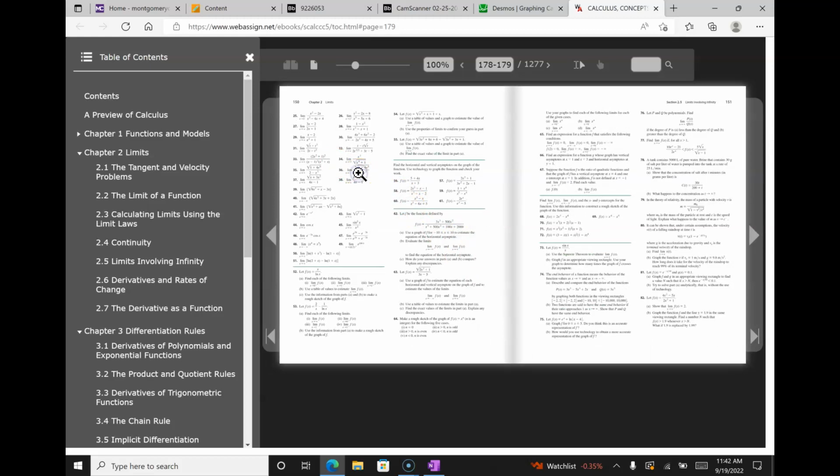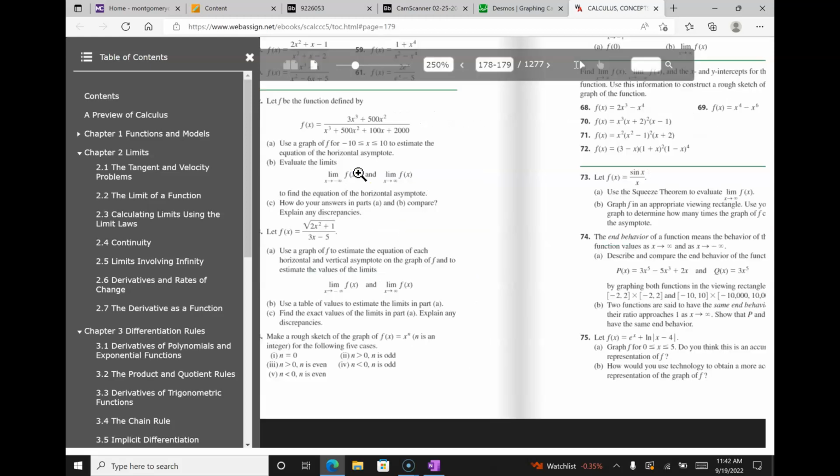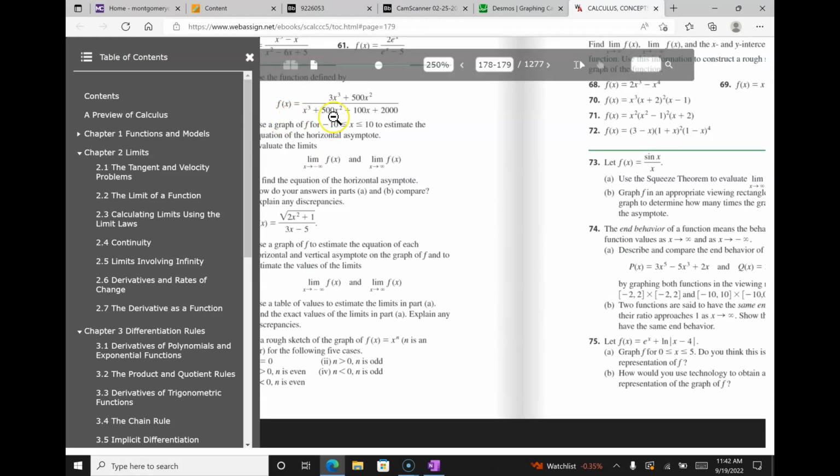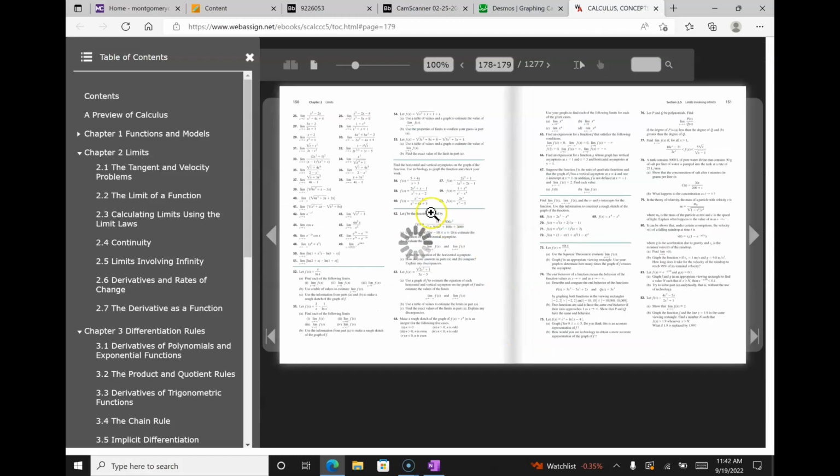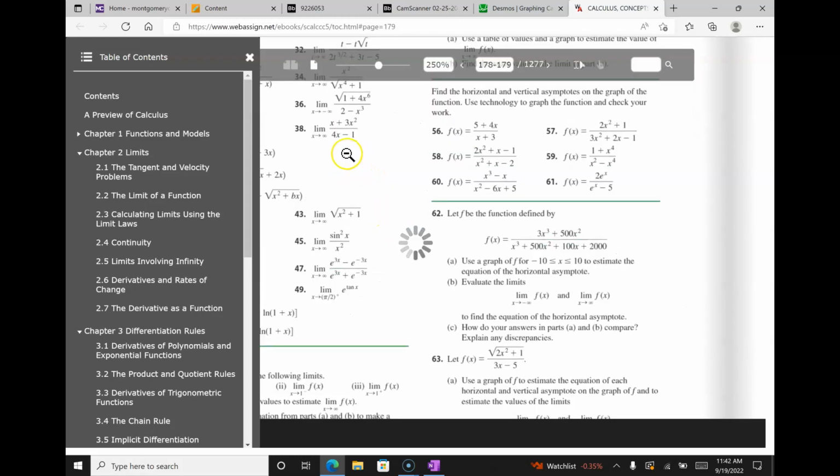Damn it. I hate the way this book works. Oh, come on. Sorry.